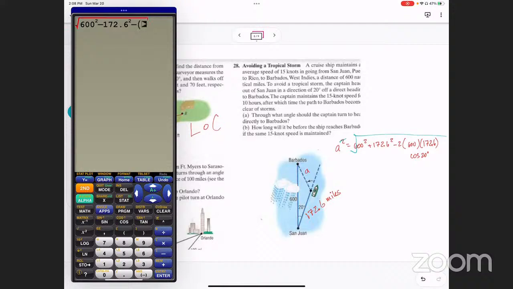I'm going to put all this in parentheses just to be on the super safe side. 2 times 600 times 172.6 times the cosine of 20. So A equals 368.2 miles.